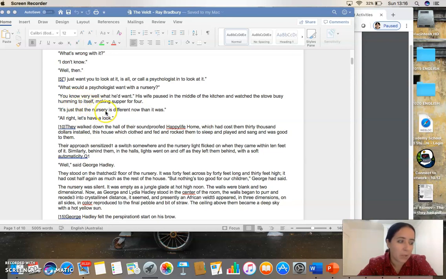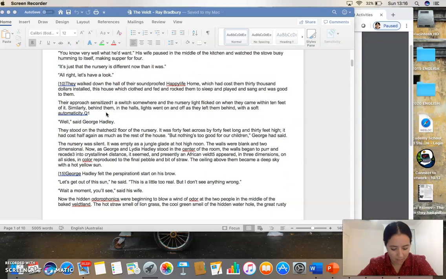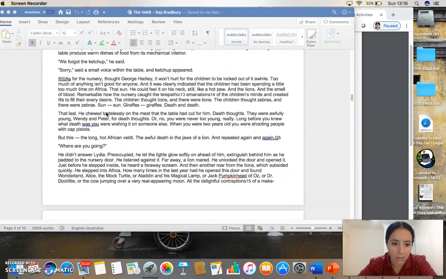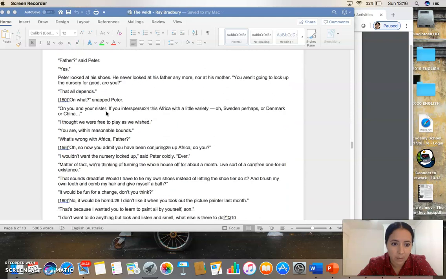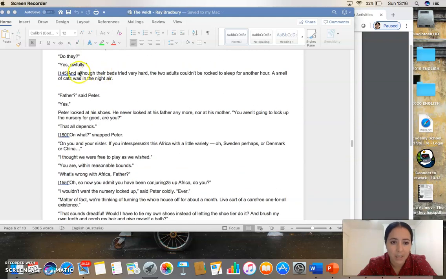Another example is in paragraph 145. So if we scroll down, it says, "And although their beds tried very hard, the two adults couldn't be rocked to sleep for another hour. A smell of cats was in the night air." So this is another example of personification.